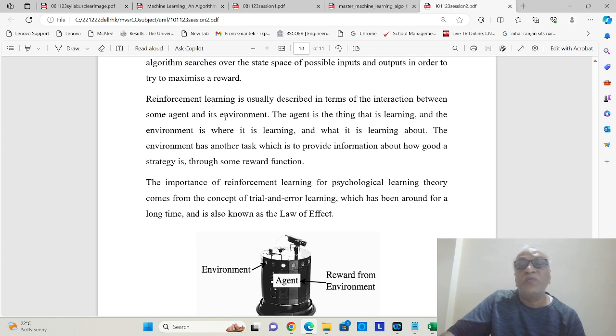In reinforcement learning, there is an agent and there is an environment, and there is an interaction happening between the agent and the environment.